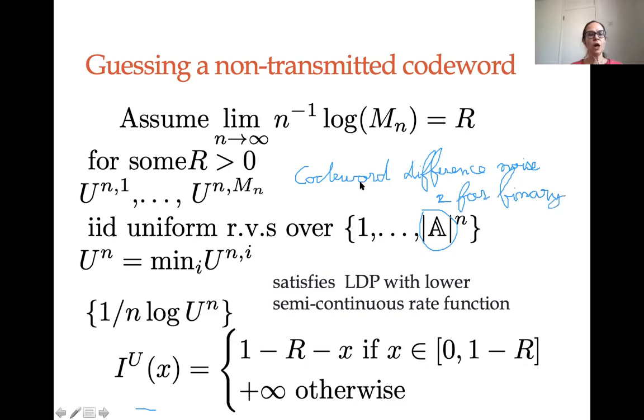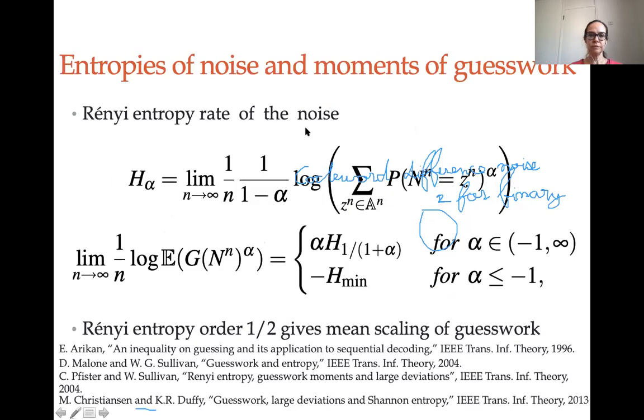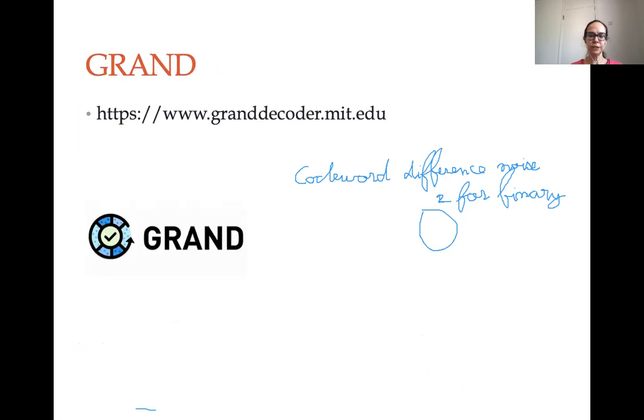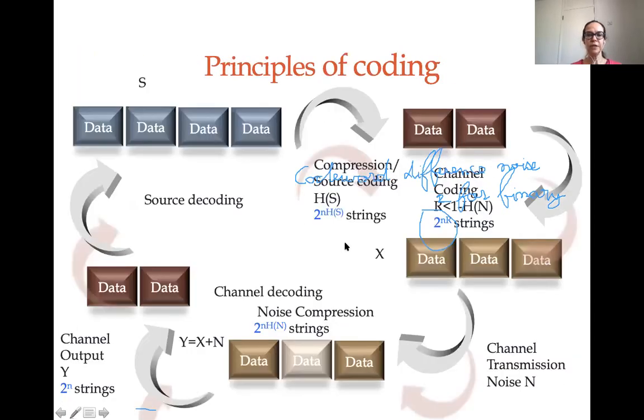So we have all of these code word difference noises. And how do we define R, the rate that we talked about before? Well, let's go back a few slides. Let's remember that this R was representing how many messages there were.